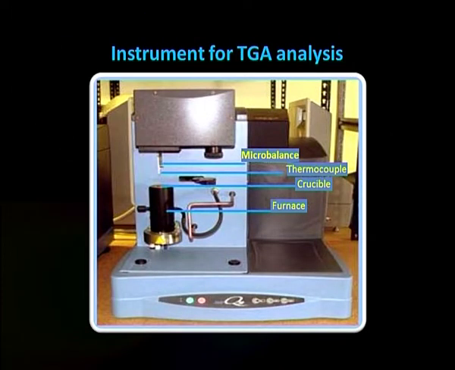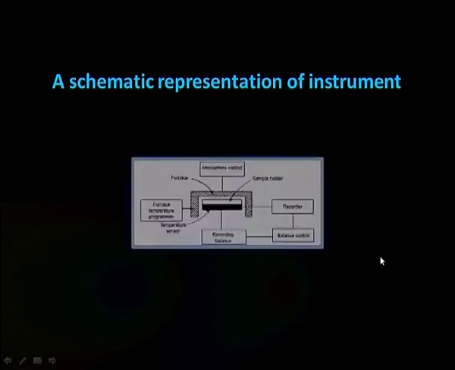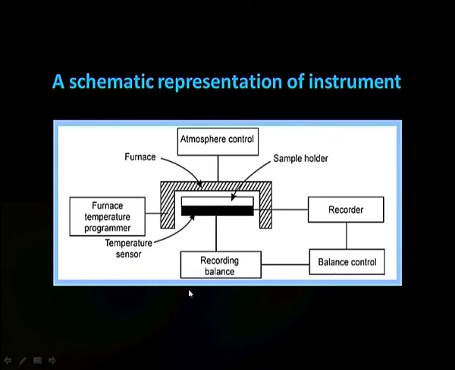This is a common instrument for TGA analysis, in which you can see we have a microbalance, then a thermocouple, then a crucible in which we keep our compound, and then a furnace. Now, a schematic representation can be something like this, in which we have a furnace right here, which is a temperature programmable furnace.